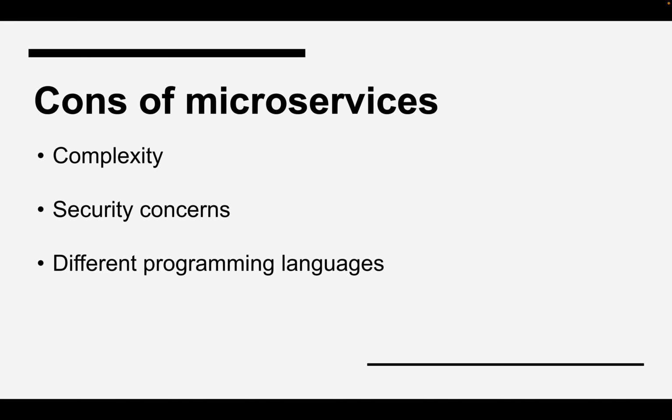And using different programming languages can be both good and bad. Of course, you can employ different teams of programmers that are more comfortable with different languages. For example, you can use one team with C# knowledge to develop one service, another team with JavaScript knowledge, and the third team with Python knowledge.